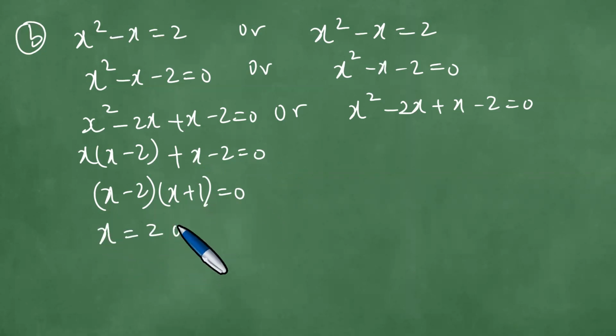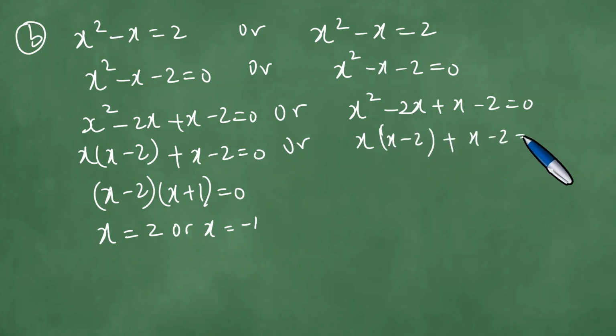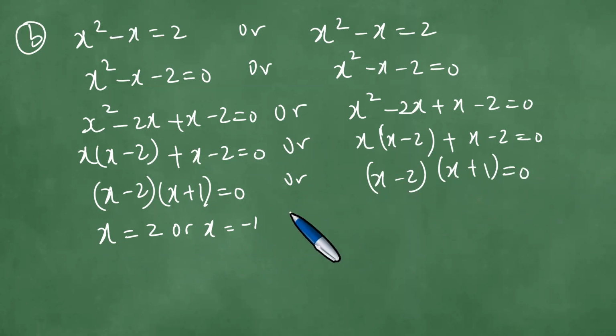We have x equals 2, or x equals minus 1. And these are the solutions to the second question, part B. And it remains to focus on the last part, part C of the problem.